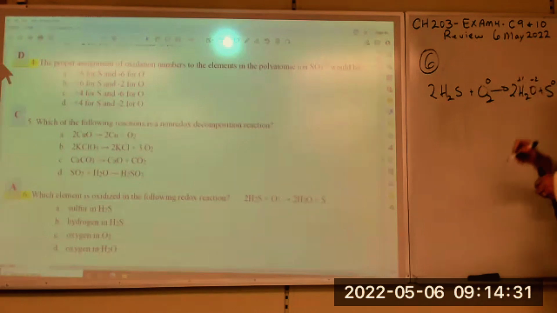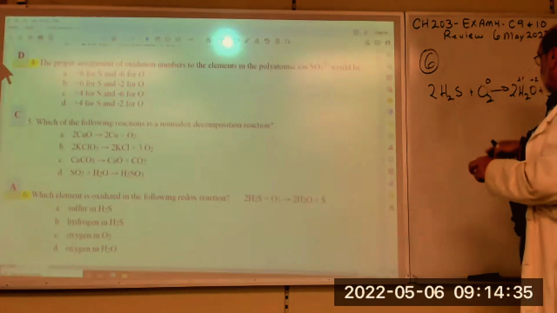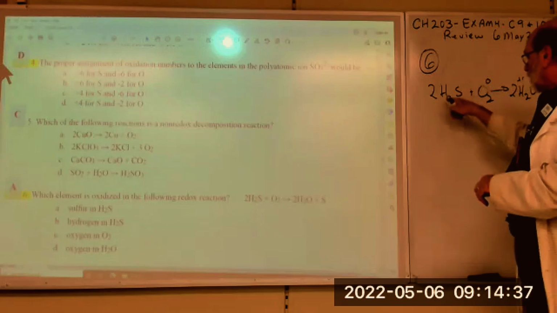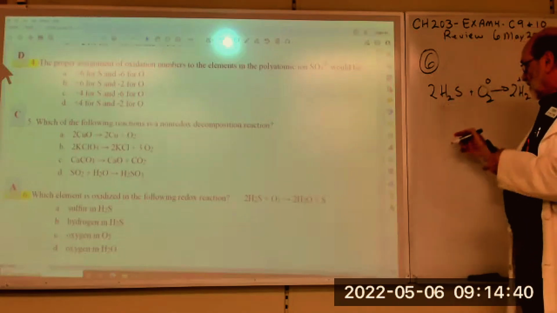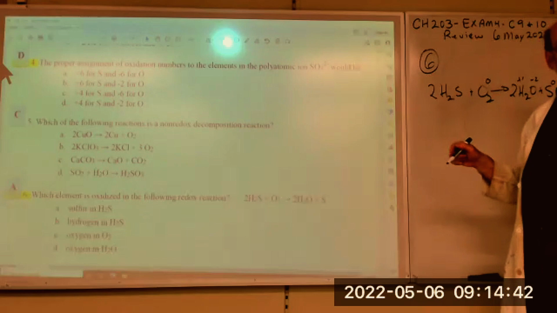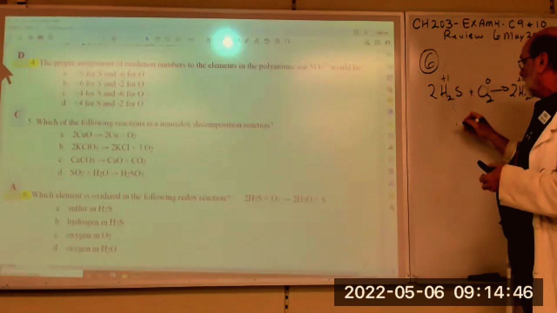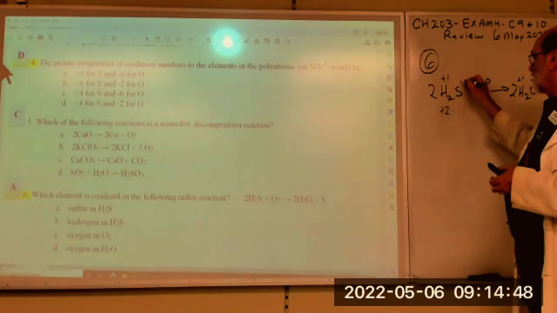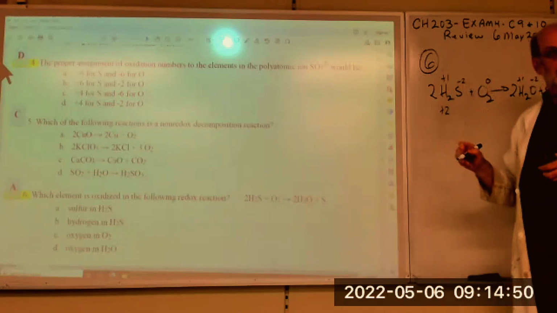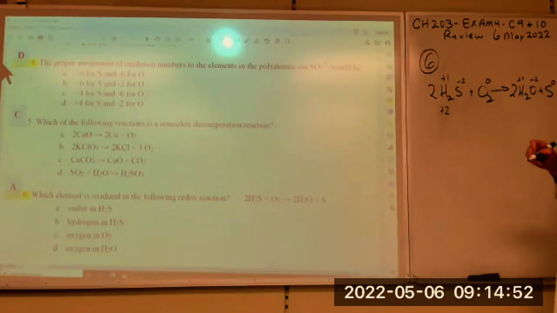That's +1 for the hydrogens and -2 for the oxygen. This is the one that might give you some pause. We have to go back to the rules. So hydrogen is going to be a +1. That means +2 total. This one has to be a -2 to balance. Okay. Now we can say which element is oxidized.